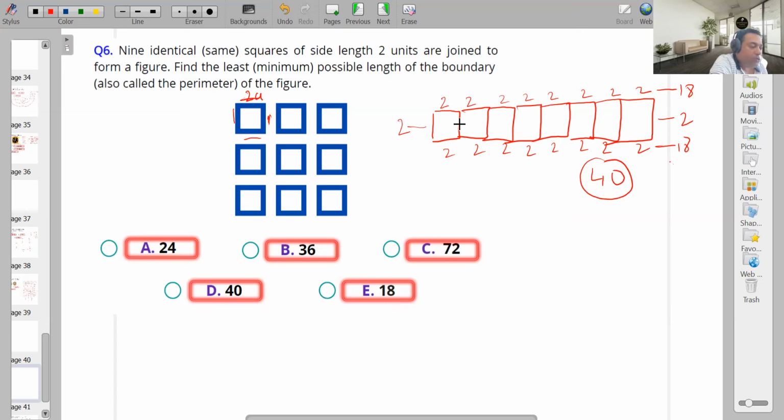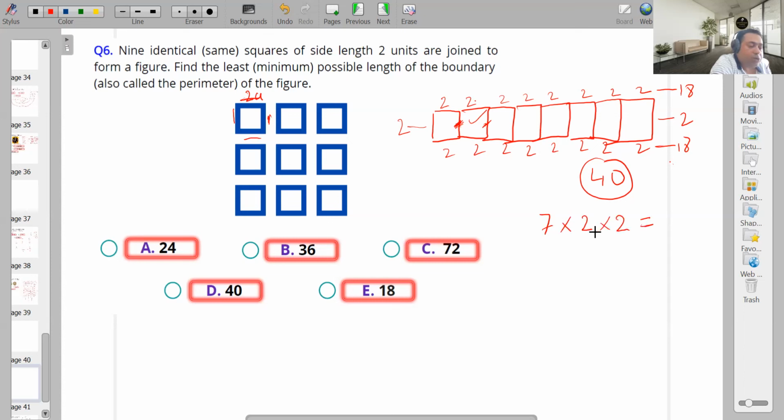If you notice what is happening, for each of the squares in the center, except the 2 corner ones, one of the sides is getting lost inside. In fact, 2 of the sides. So this side is getting lost for this square, and this side is also getting lost inside. Overall, there are 7 squares times 2 sides, and each side length is 2.